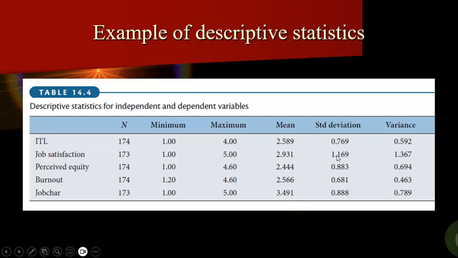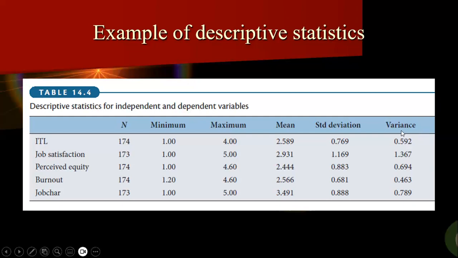The standard deviation of job satisfaction is 1.169, which means that the observed values in the data set are deviated from the mean value by 1.169, right? And the average value of the deviation or the variation is 1.169.